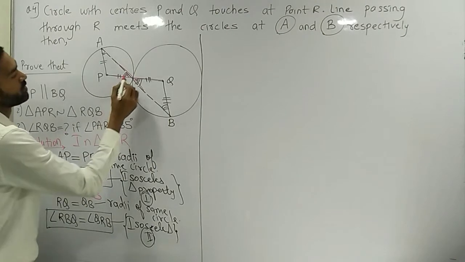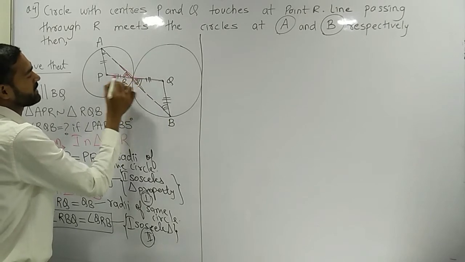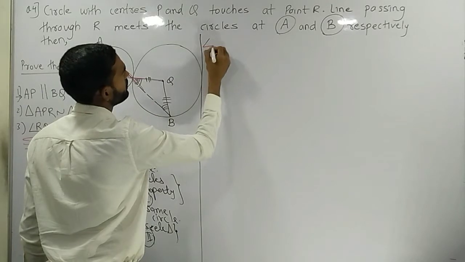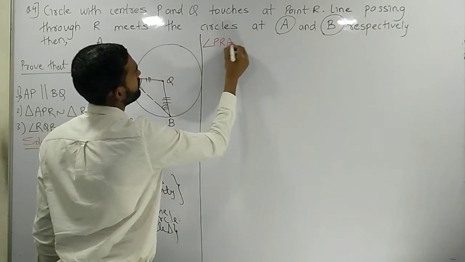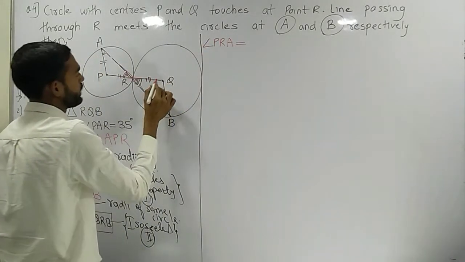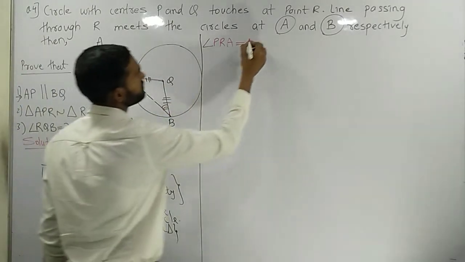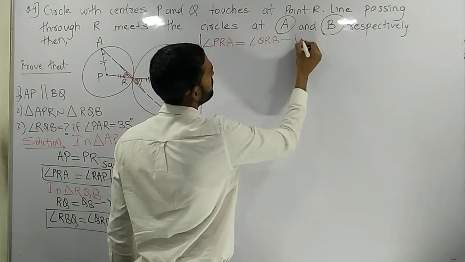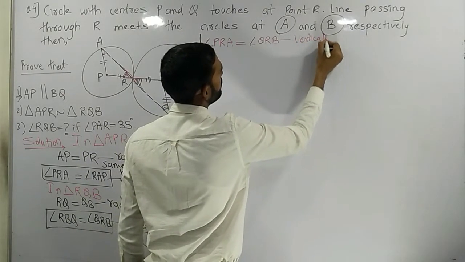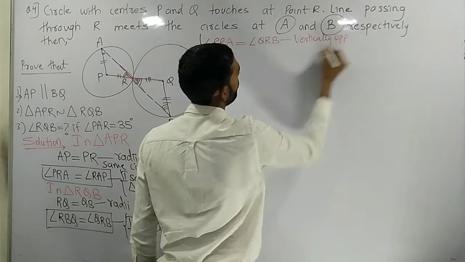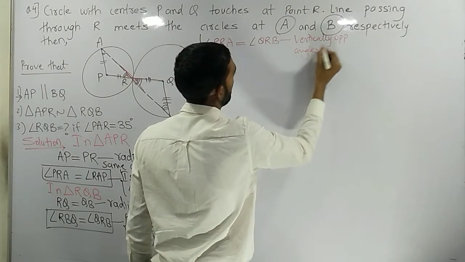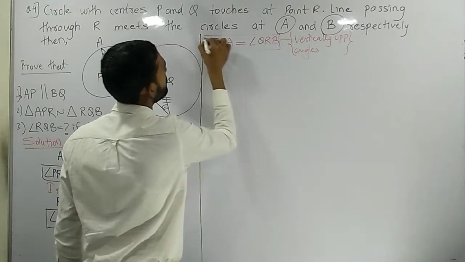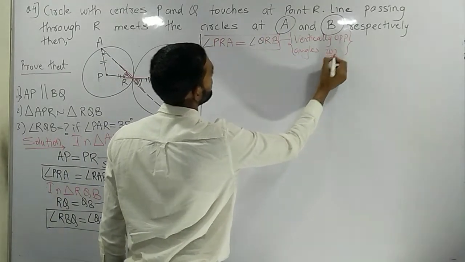So look, angle PRA is equal to angle QRB, and the reason is vertically opposite angles. This becomes equation number 3.